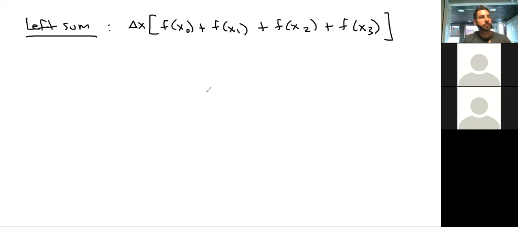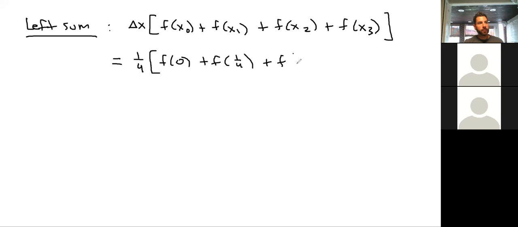That's the left sum. We could tell you what this is. This is 1/4 times f evaluated at 0 plus f evaluated at 1/4 plus f evaluated at 2/4 plus f evaluated at 3/4.